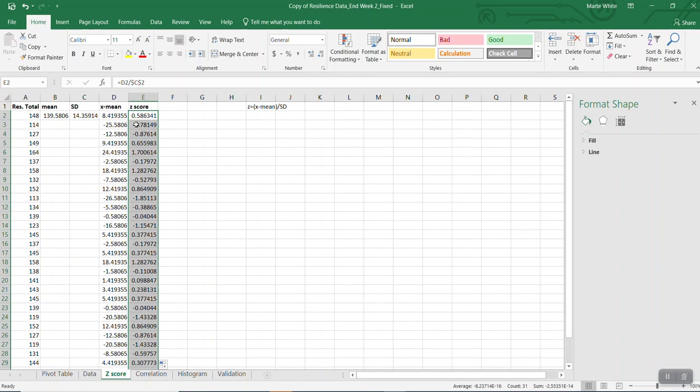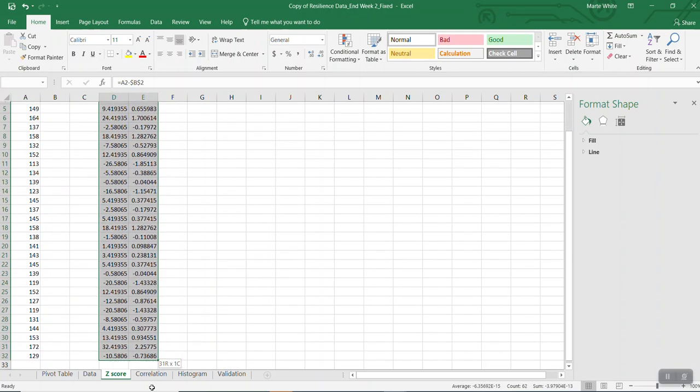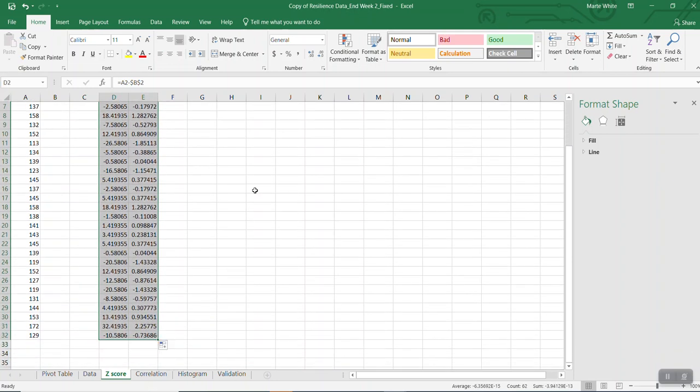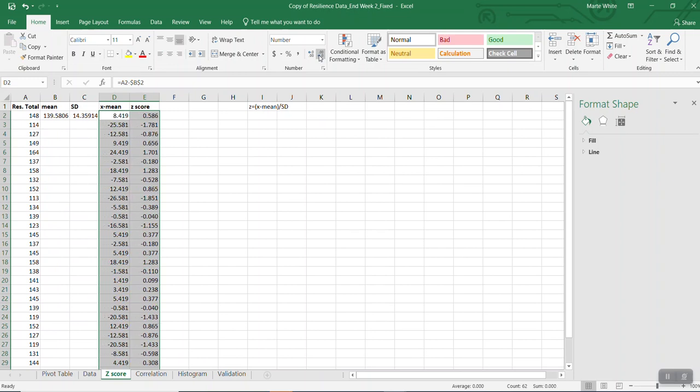Now we have our z-scores, and now we have all these numbers that look like too much messy data, so let's get rid of some decimal points. Highlight your data and go up to these little zeros up here, plus or minus, and we want to get rid of them until they have maybe two decimal points.